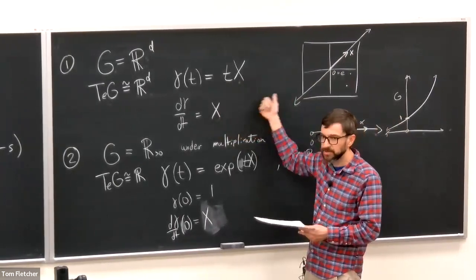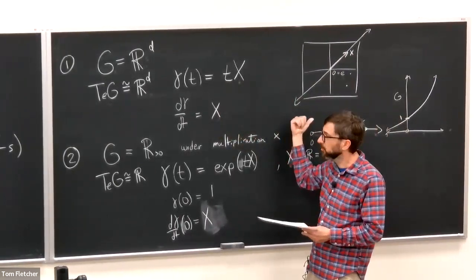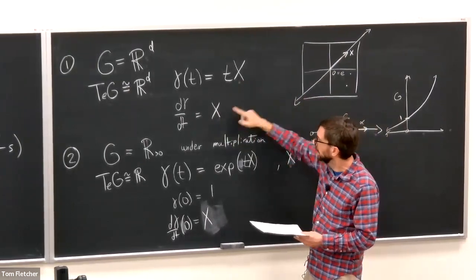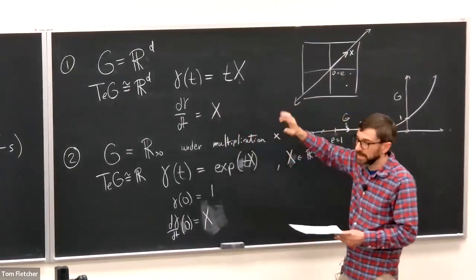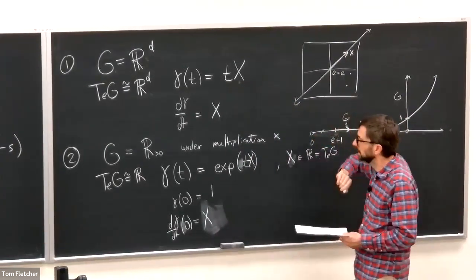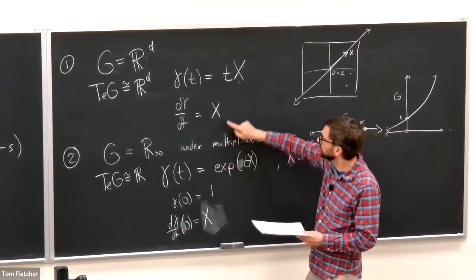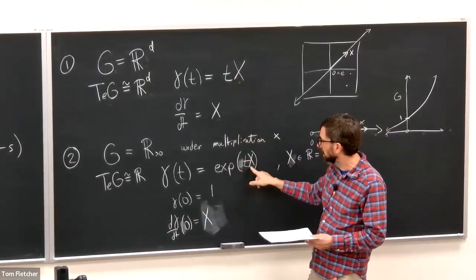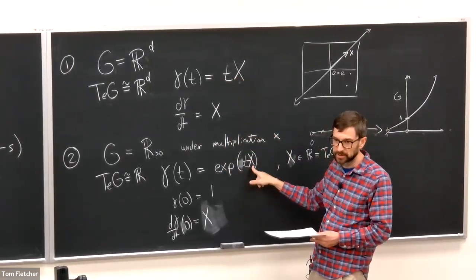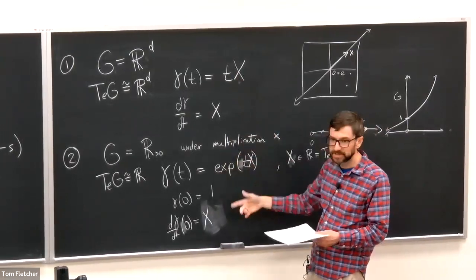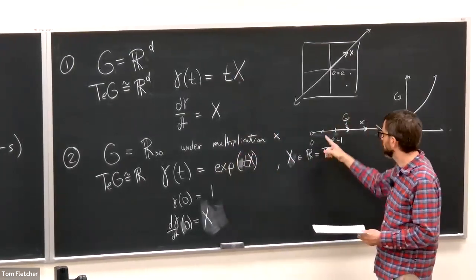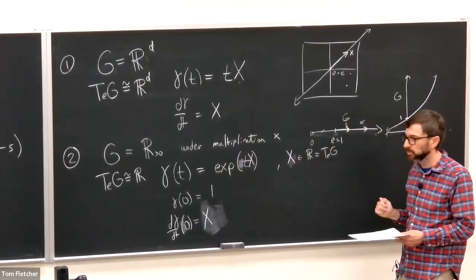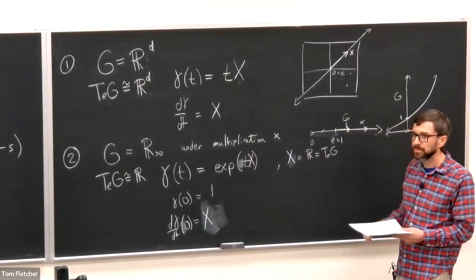Any tangent vector has a unique one parameter subgroup, and any one parameter subgroup obviously has a unique velocity at identity. You can see that in these two examples. Any vector X I pick, clearly I can set up this construction. Any real number, any tangent vector I pick here, this is well defined and gives me a unique one parameter subgroup. Okay, yeah.